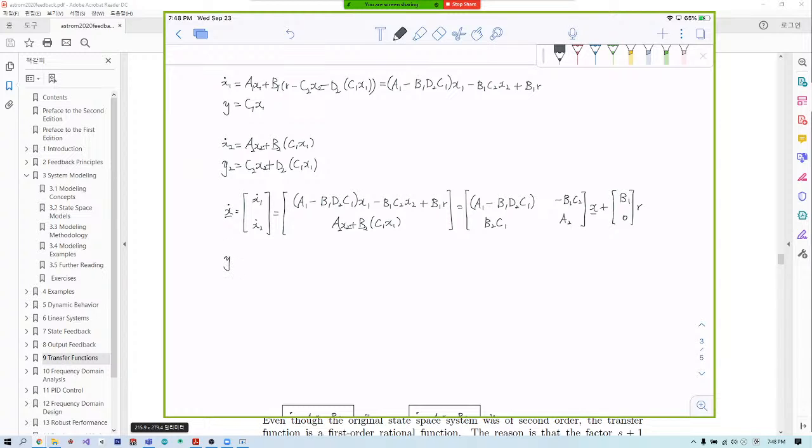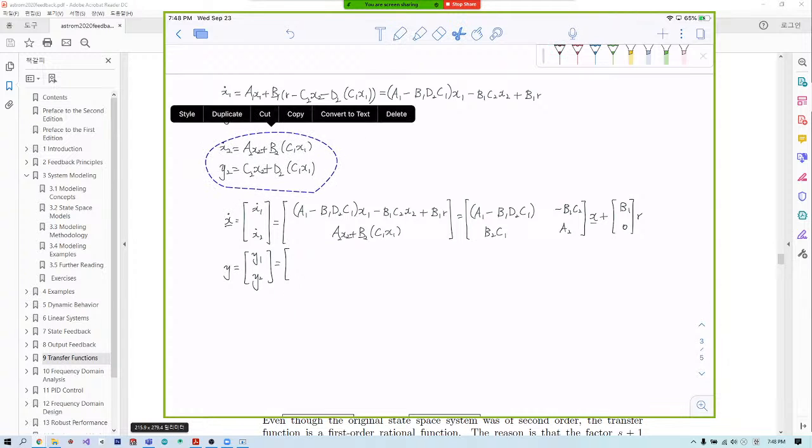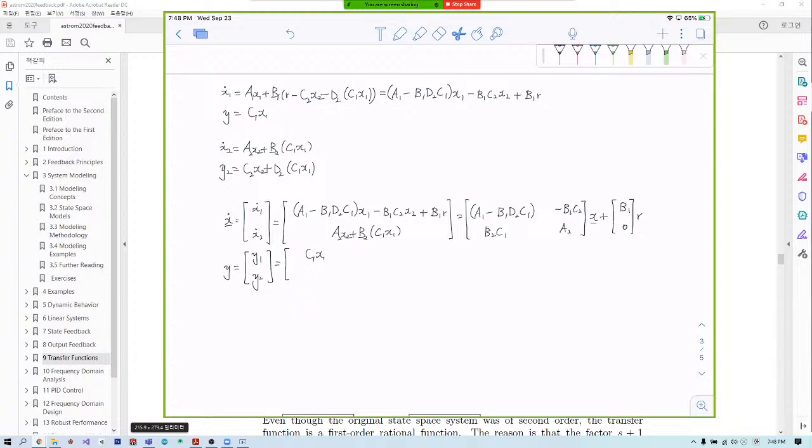And we have y equals y1, y2 that equals to this one and this one. Okay, so we have C1 0, D2 C1 C2 times x plus 0 times r.